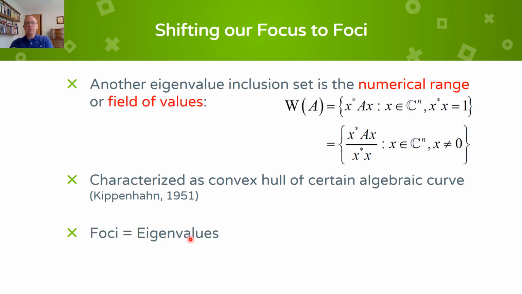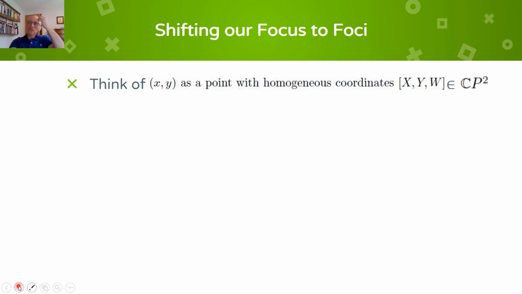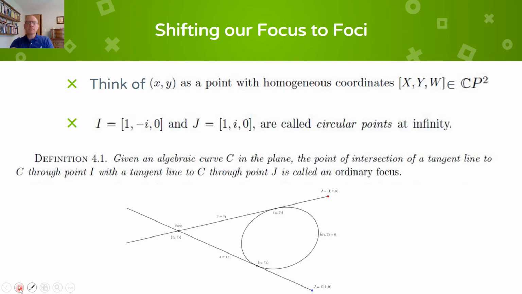Now what are we doing? We're finding foci of eigenvalue orbits and trajectories, so I claim we're finding foci of the foci. In order to do this, to talk about foci, we need to work in the world of CP2, and I'll identify xy with xyw, its homogeneous coordinates.